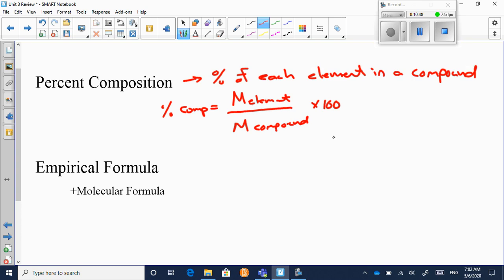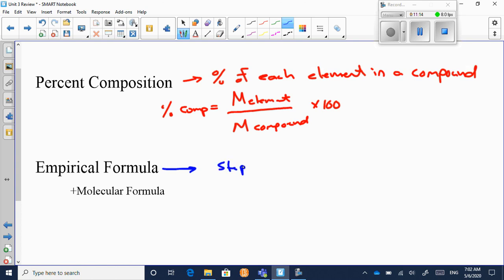The next thing we did was calculate empirical formulas, and then as a second lesson, we added in molecular formulas. Notice I've put it as a little subcategory, because you would always first find the empirical formula and then go on to find the molecular formula. What I'm going to write here is that we established there were 3 steps.